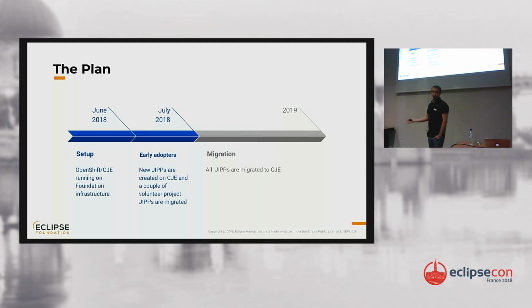And after July, so after the first, we plan to ramp up quite fast, and the goal is to have everything migrated by the end of the year. Hopefully much sooner, but by the end of the year we plan to kill the current infra and to run everything on Kubernetes and Jenkins Enterprise.